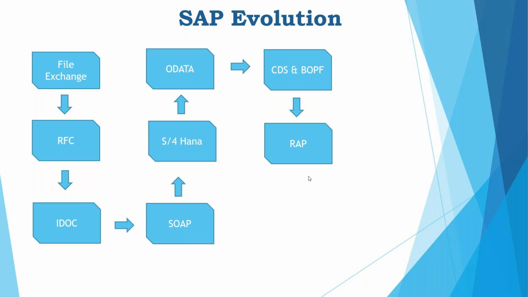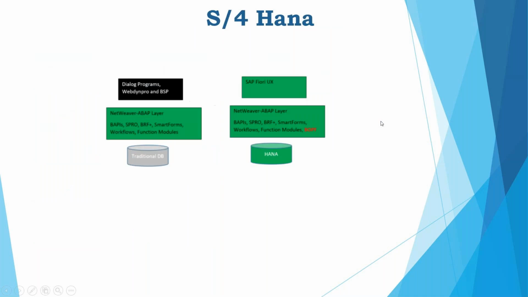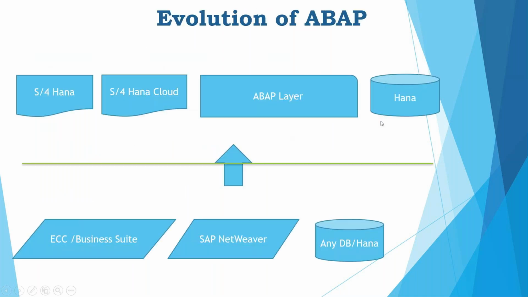Any more questions, guys? No. Okay. So RAP is not only available on-premises, it is available in BTP. That is what we'll discuss in these slides. Now coming to the evolution of ABAP. If you look at the bottom part, we have the ECC system, business suite, SAP NetWeaver, and any Oracle DB, where we used to do all the normal ECC system development.